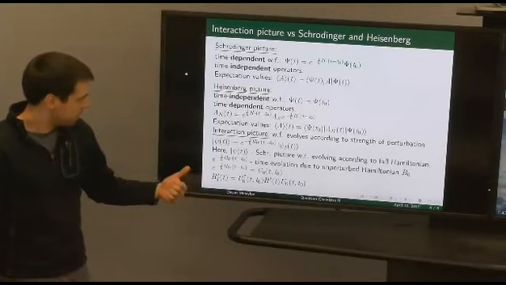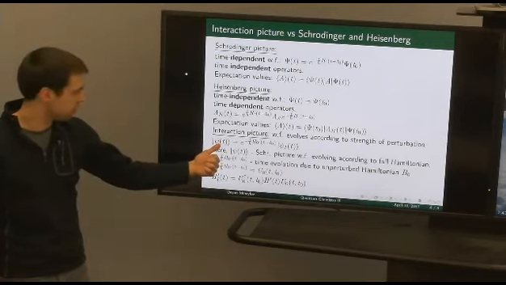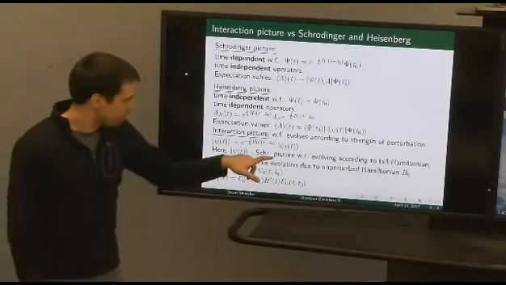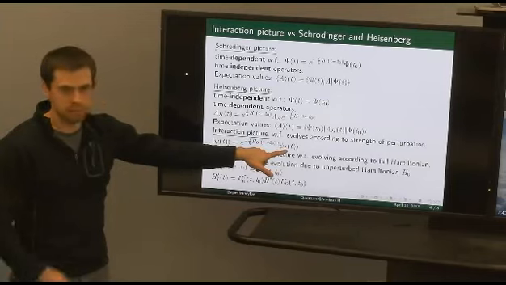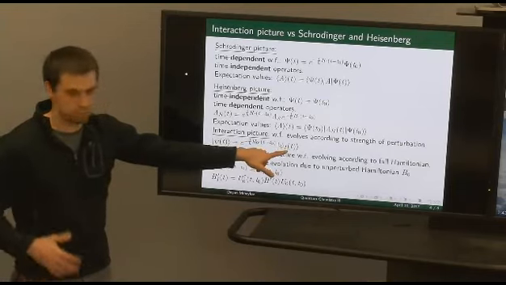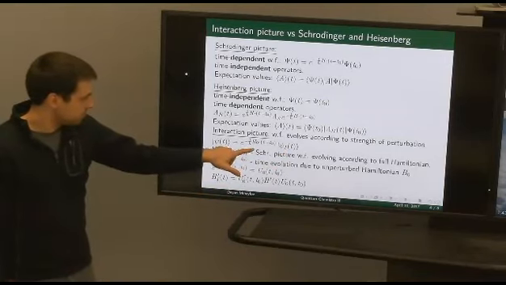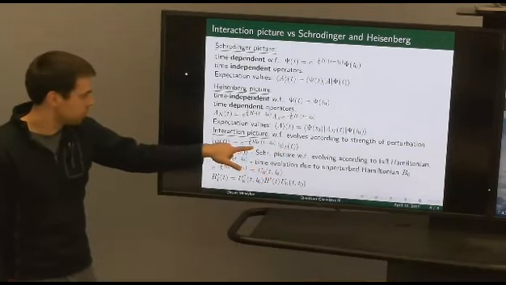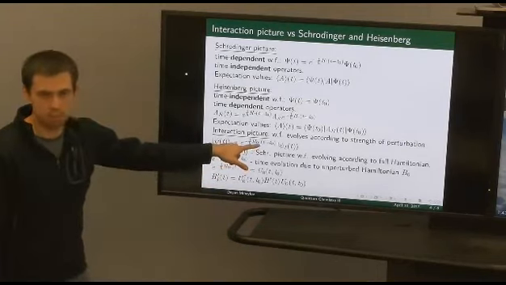So you have your time-dependent state, time-dependent wave function that evolves according to your full Hamiltonian, but you're interested in the time evolution of some other wave function called interaction picture wave function, and you're interested in time evolution according to the unperturbed Hamiltonian.